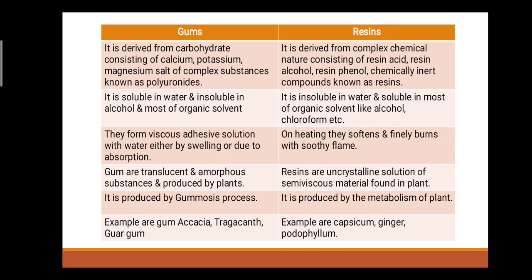Next, fifth point, gums are produced by the gummosis process, and resins are produced by the metabolism of plant. Then last point, examples of gum: gum acacia, tragacanth and guar gum. And examples of resins: capsicum, ginger and podophyllum.